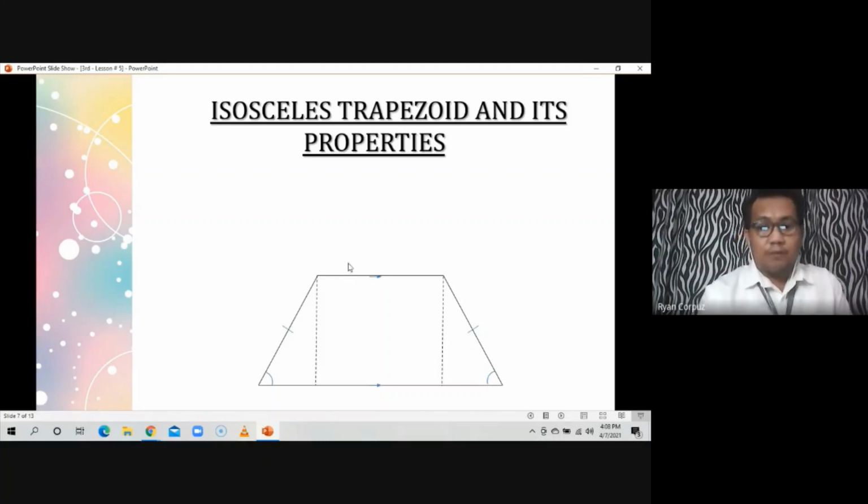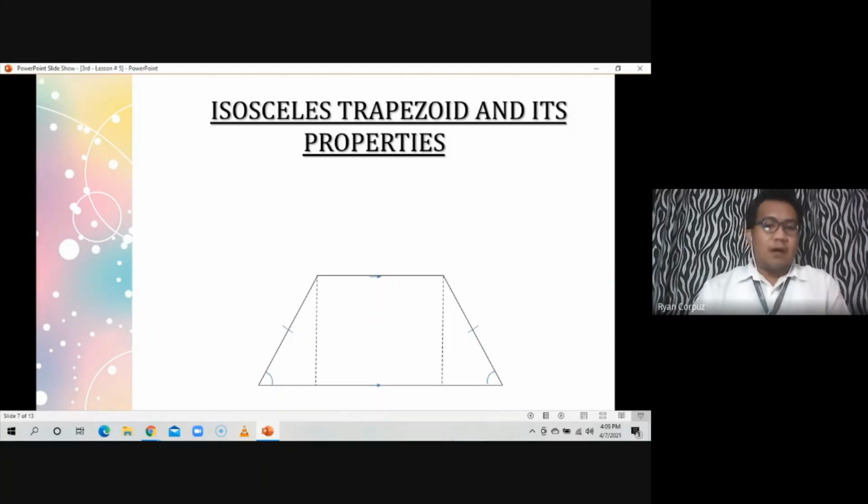So, ito yon. Pero it's called isosceles trapezoid because the non-parallel sides of the trapezoid are congruent. Ibig sabihin, equal yung measure of that non-parallel sides. So, if the non-parallel sides are congruent, then we call the trapezoid an isosceles trapezoid.